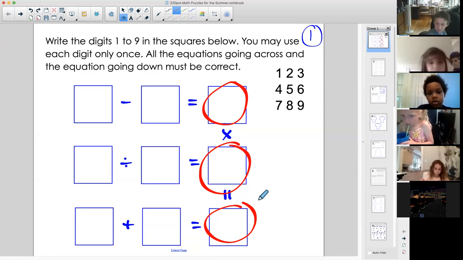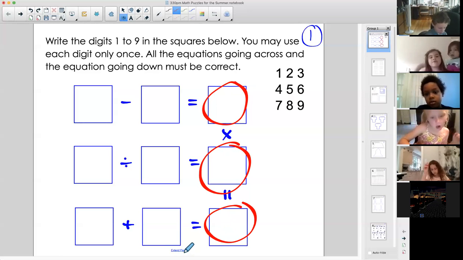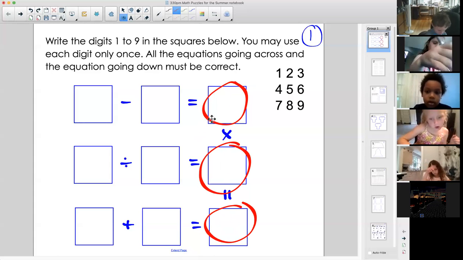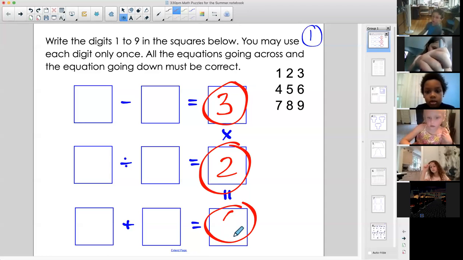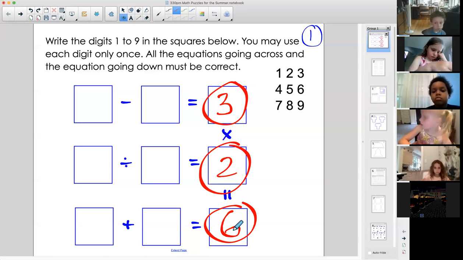Victoria, go for it. 3, we can do a 3 times 2 equals 6. Oh my gosh. Everybody look and see what Victoria just did.